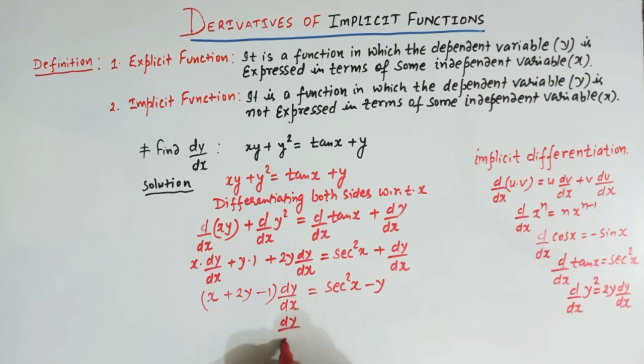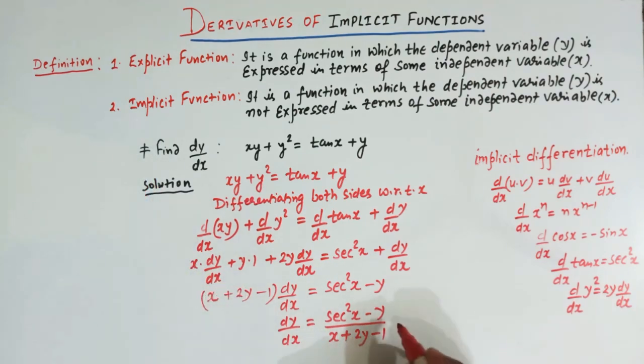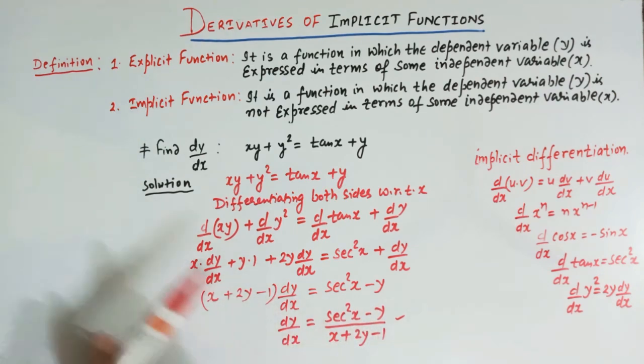So dy over dx is equal to sec square x minus y divided by x plus 2y minus 1. So this is the required expression for dy over dx.